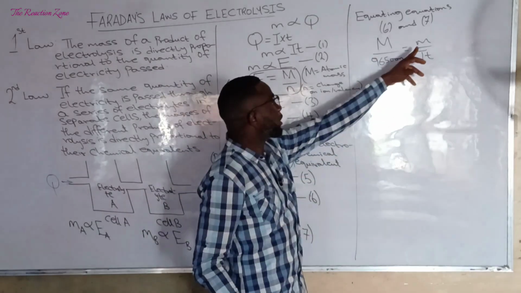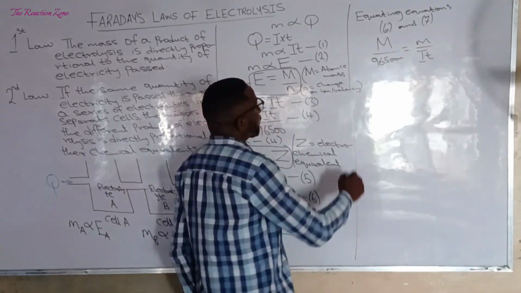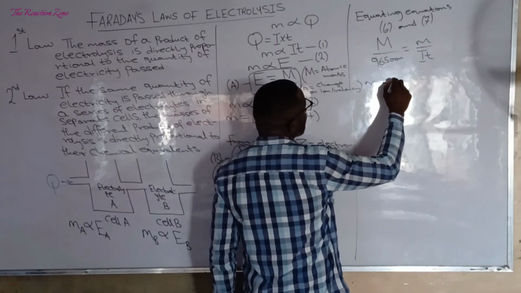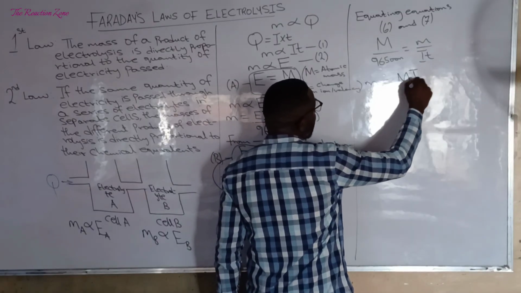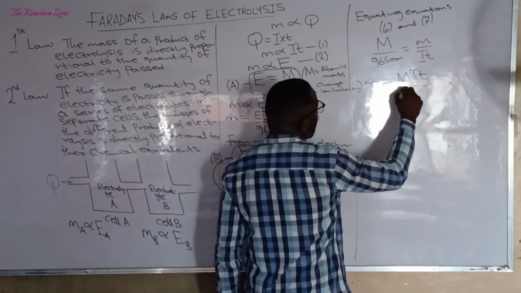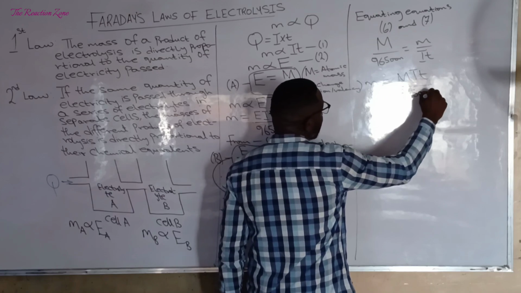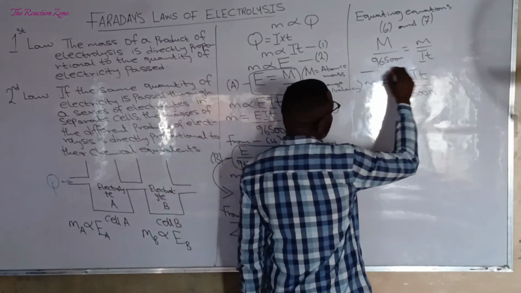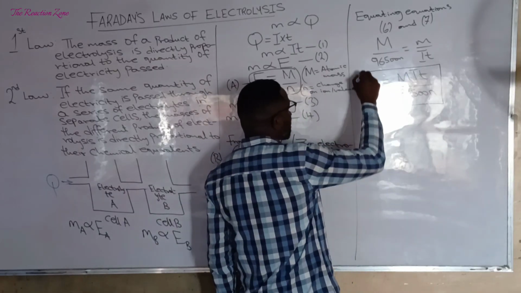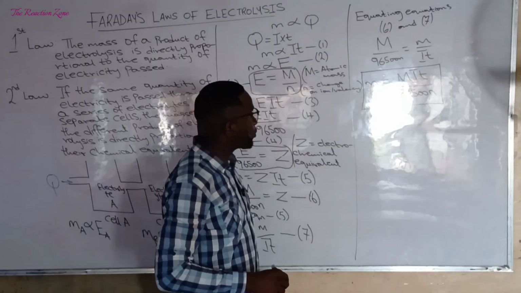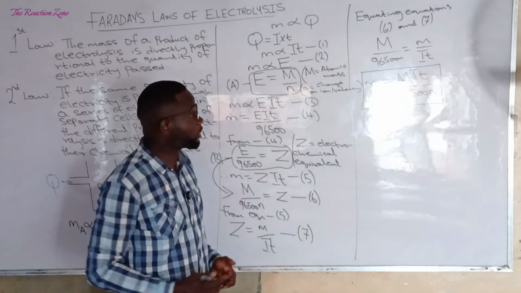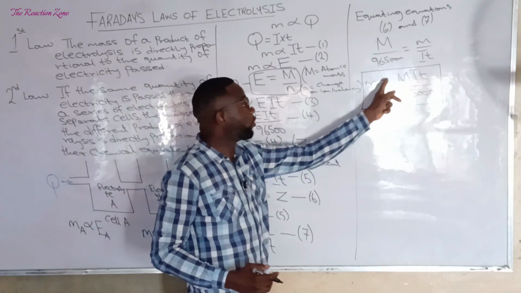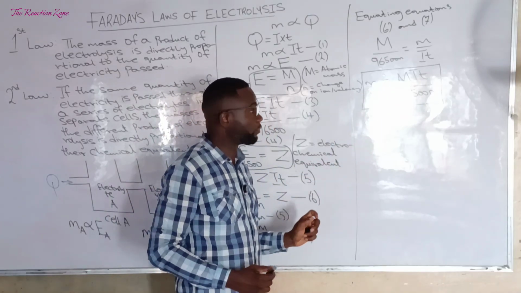So if I decide to make the small letter m the subject, it means I will have small letter m is going to be equal to MIT over 96,500N. So, this particular equation here can be used to find the mass of substance deposited, which is represented by small letter m, if all the other parameters are known.